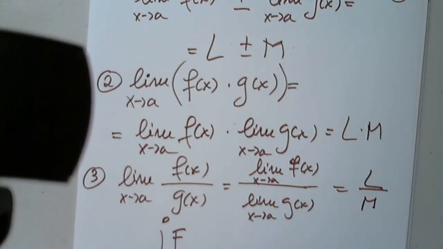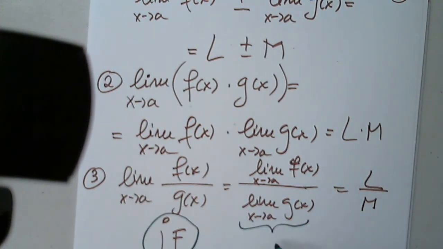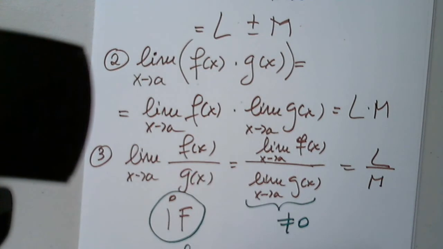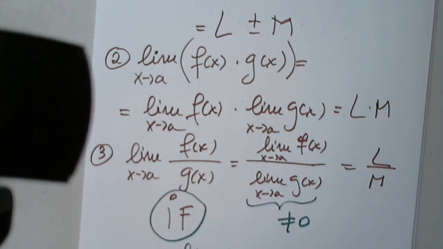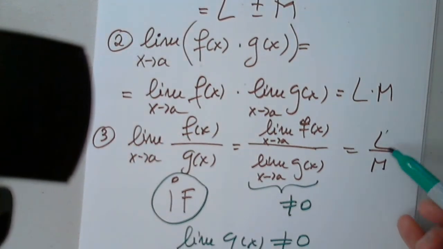What is the big if? G of x is not equal to 0. Yes, this limit does not equal 0. So limit of g of x as x approaches a does not equal 0, because then this will not exist. Very good.